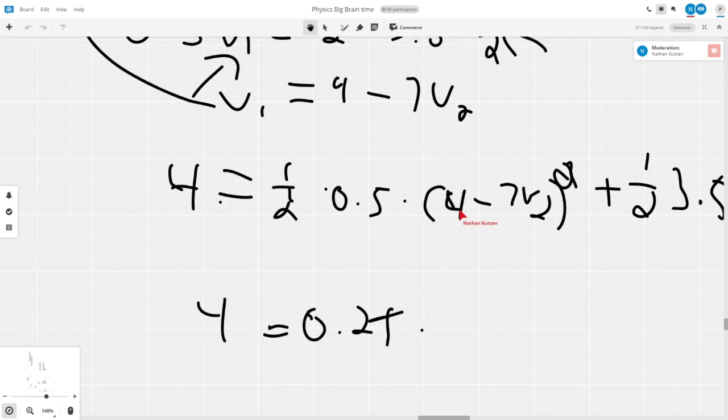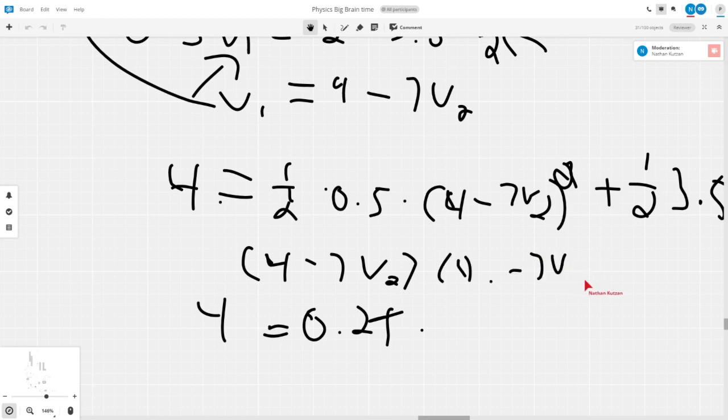So I have to do FOIL. I can't do FOIL in my head. Okay, so that is 16 minus 14 v2 plus v2 squared.